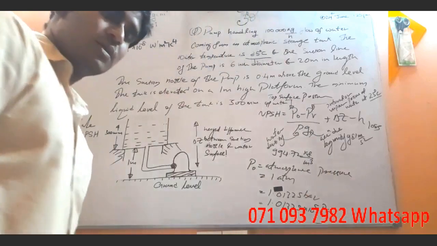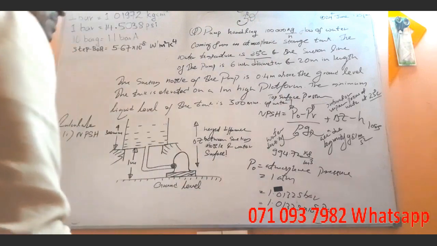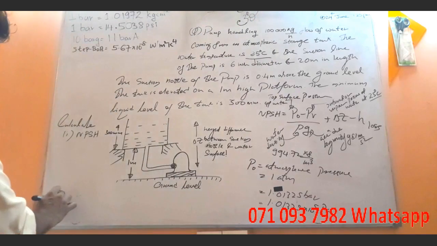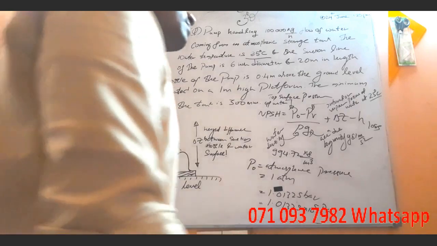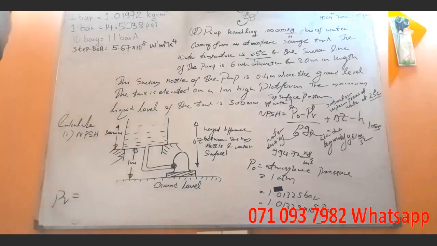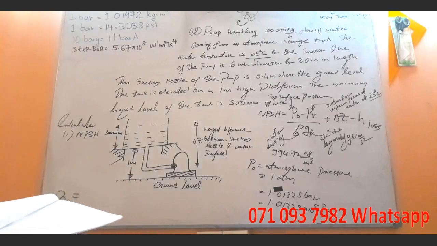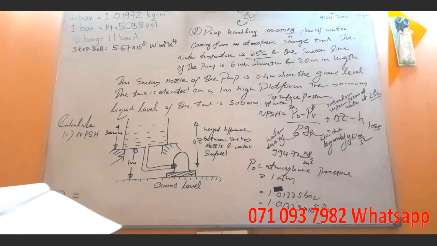And what is PV? PV is the saturation vapor pressure of water at 25 degrees Celsius. You can find that from the internet or from a chart.